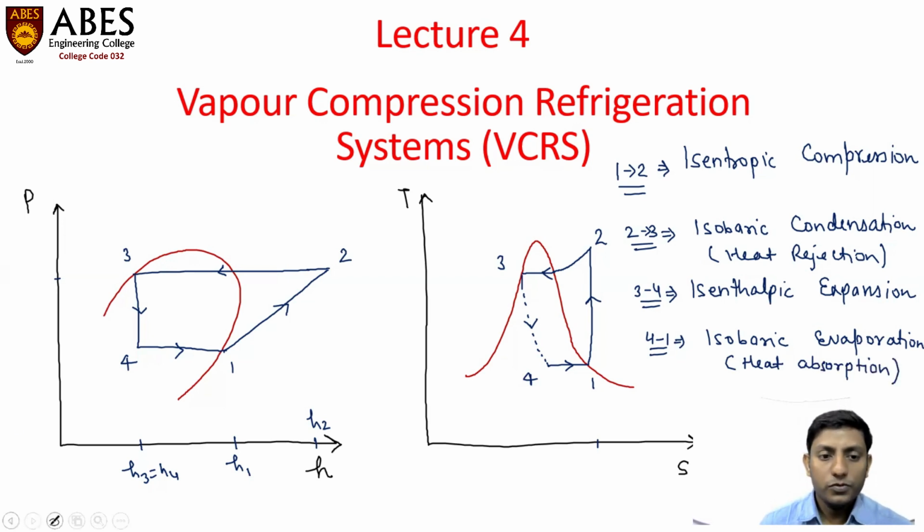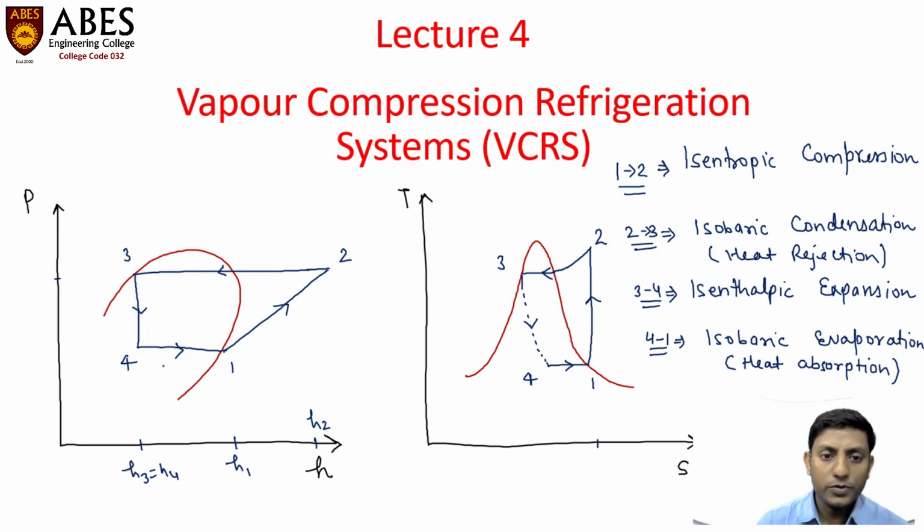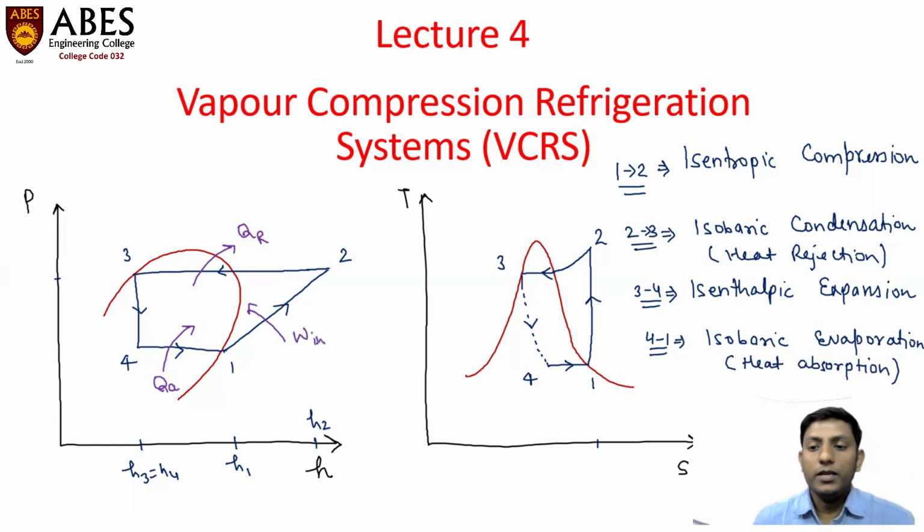So what is happening here? This is process 4 to 1, in which heat is absorbed. This is the process in which heat is rejected. And this is the process where work is being supplied into the system.